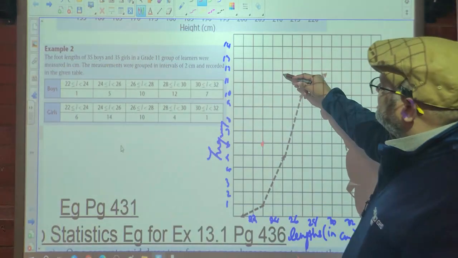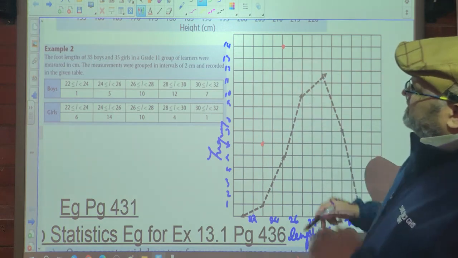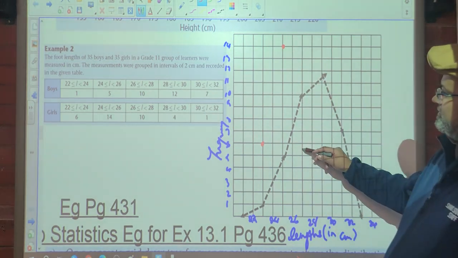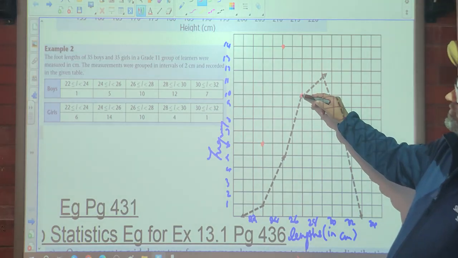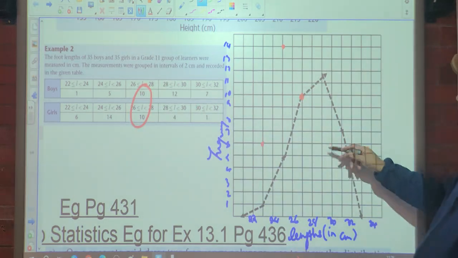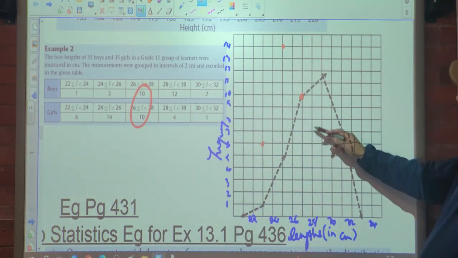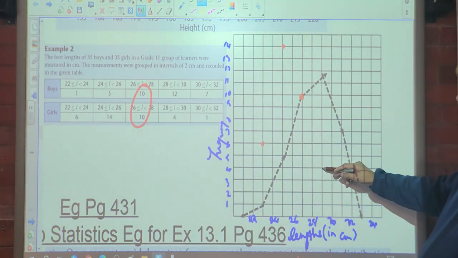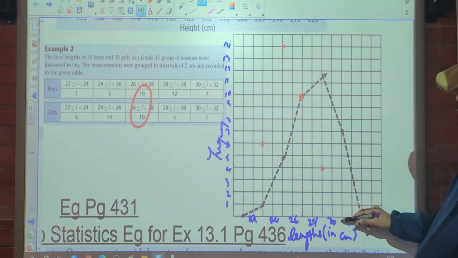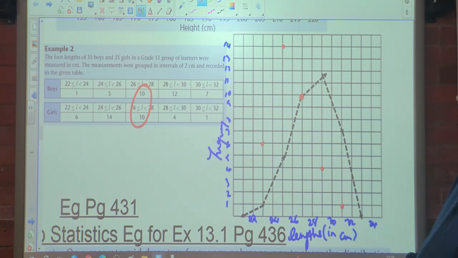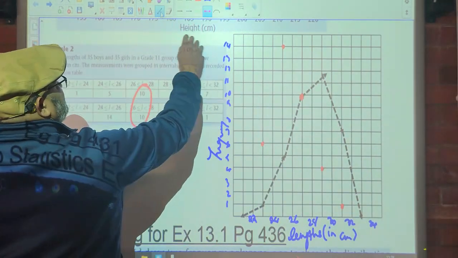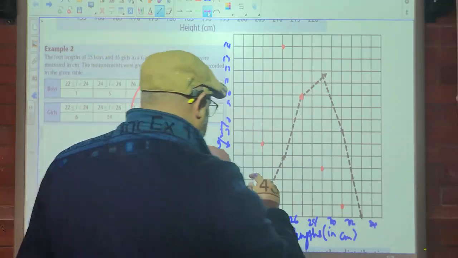And then 10. So you can see the same value, so that is the same length. And then 4. And then 1. And then nothing. Okay. What I do is I now go with that line.